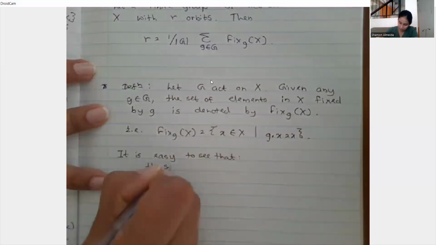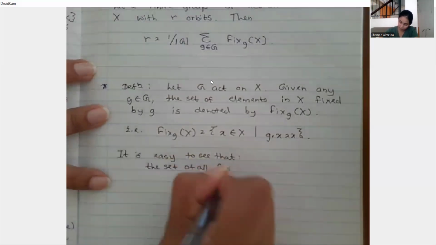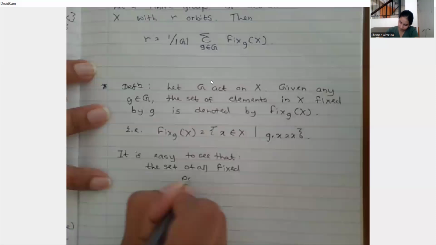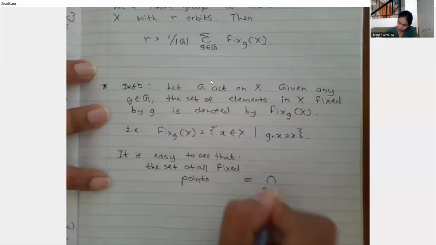The set of all fixed points is equal to the intersection of all these.